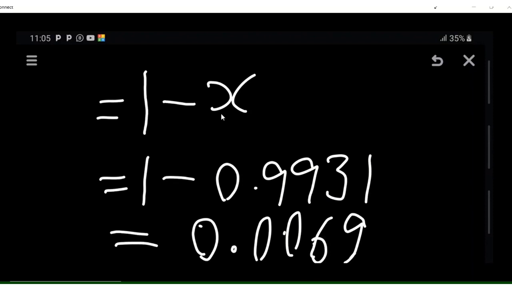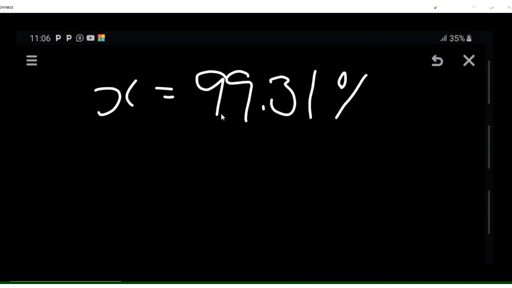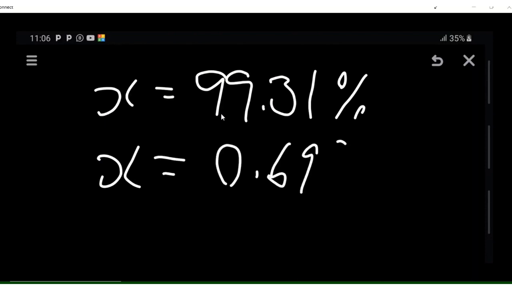So when I multiply by 100%, my first x is equal to 99.31%, and my second x I've gotten is 0.69%.